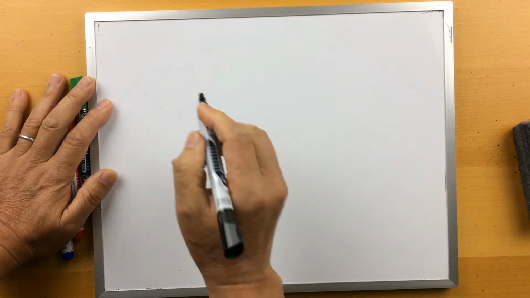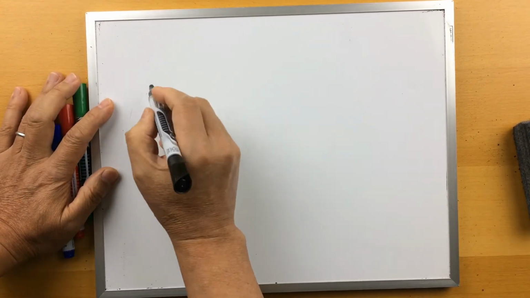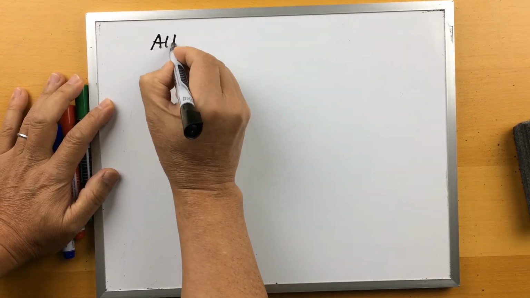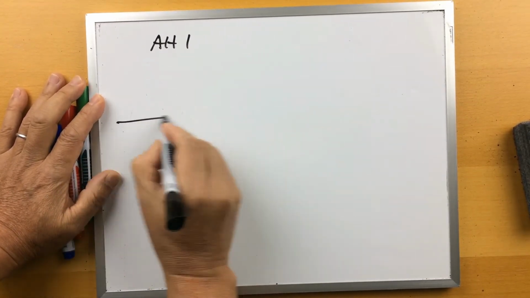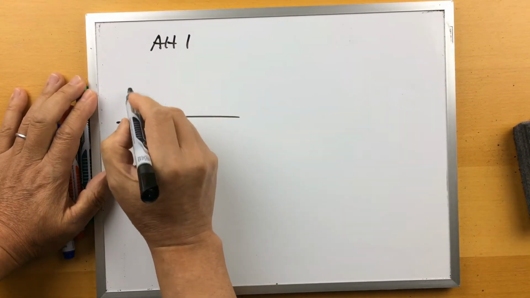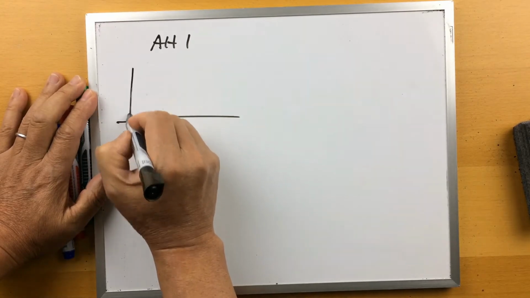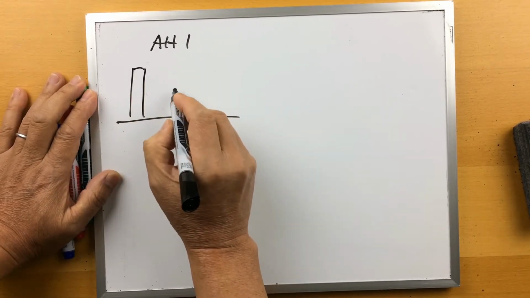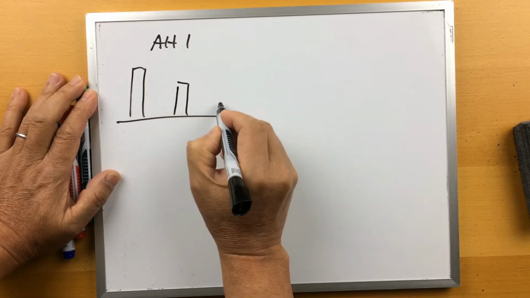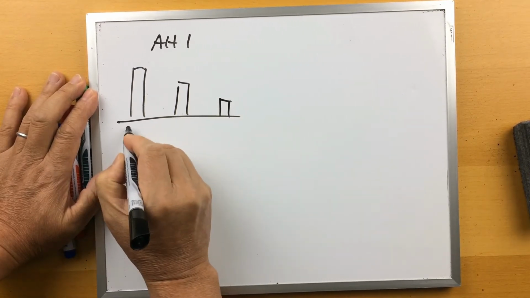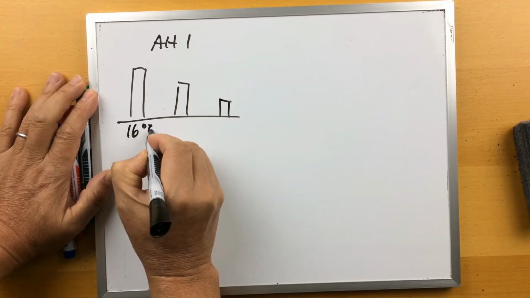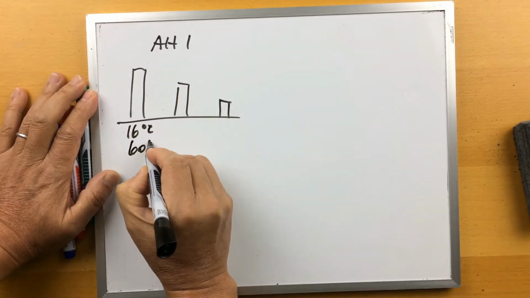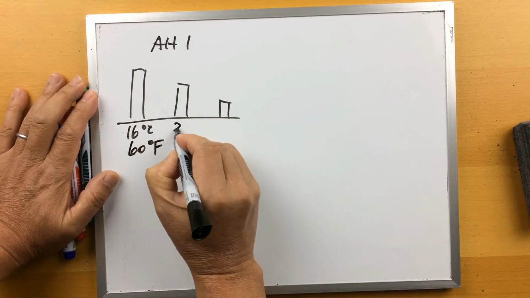The first thing they found was the correlation between the AHI and the room temperature. This one is for 16 degrees Celsius, 60 Fahrenheit.